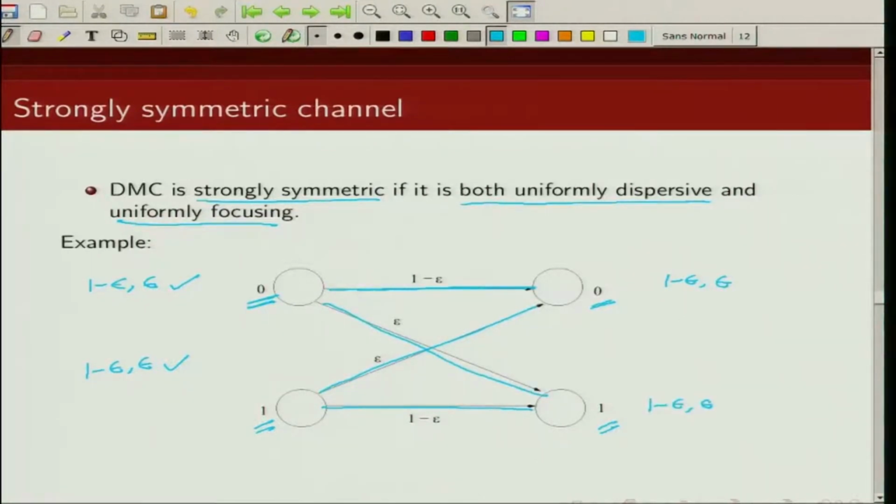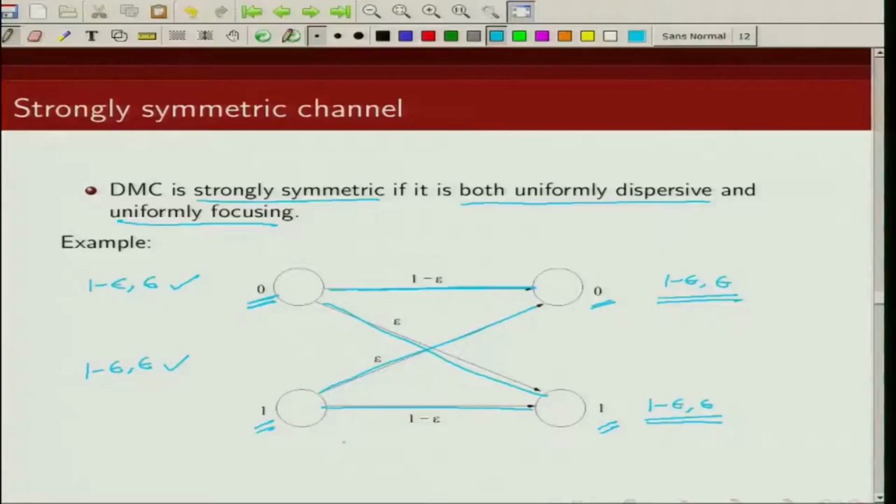So these probabilities, when arranged in descending order, are the same no matter what my output is. So this is an example of a uniformly focusing channel. So this is a uniformly dispersive channel as well as a uniformly focusing channel. So this is a strongly symmetric channel.